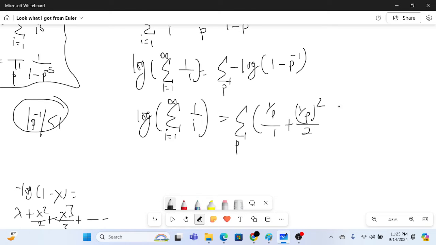So we'll use that. Over here it's 1 by p cube by 3, 1 by p to the power 4, and so on.